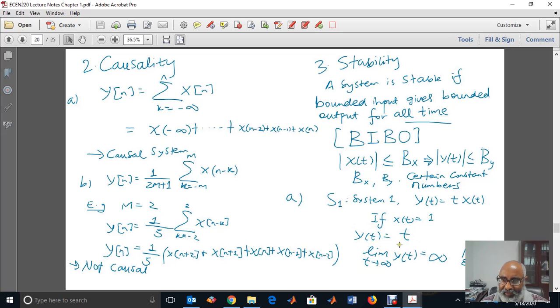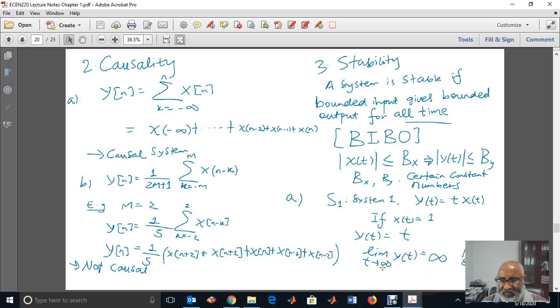For example, if t is equal to 0, y at 0 will be 0. If t is equal to 10, y at 10 will be 10. If t is equal to 100, y at 100 is equal to 100. And if we keep on increasing the time, the output keeps increasing with time.